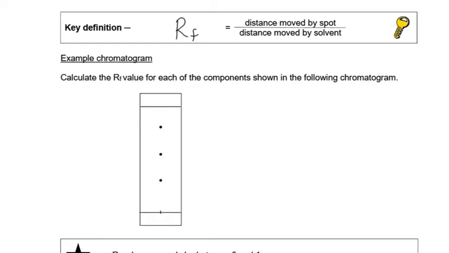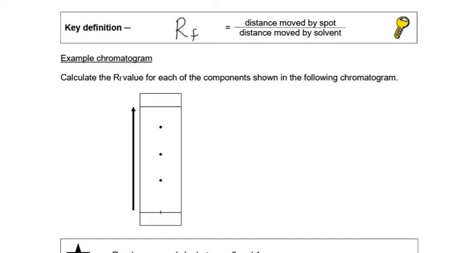So the first thing you need to do is get a ruler out onto your pack and measure the distance between where you spotted the sample and the solvent front. Put your ruler on the bottom line and measure the distance to the top line.